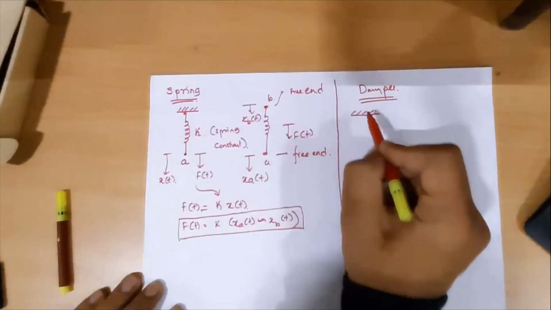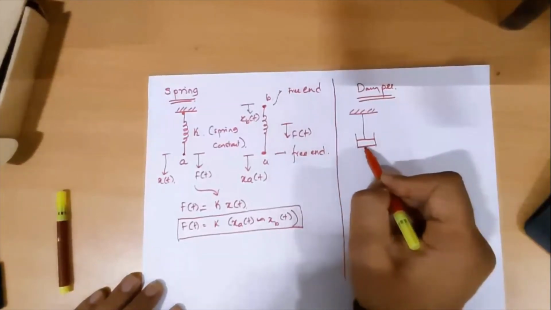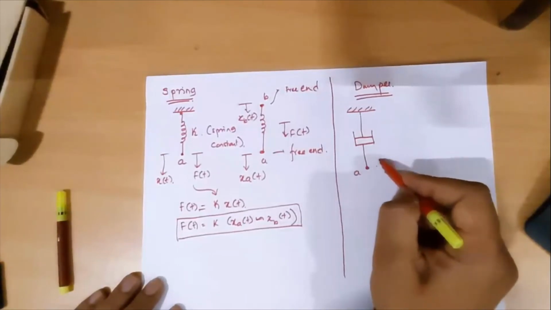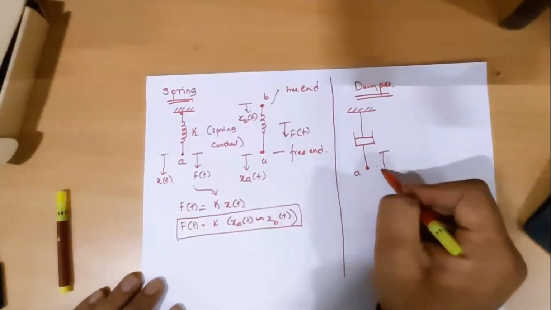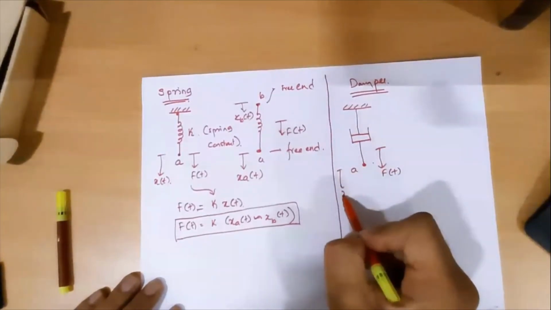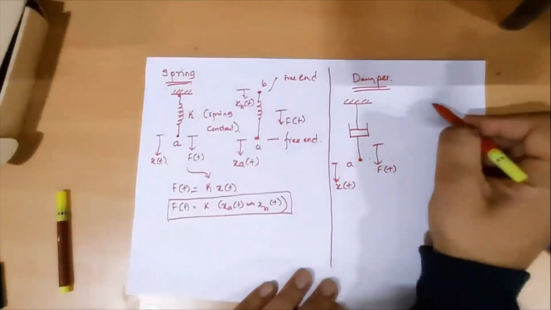So let us move on to the damper part, or the friction. This is how the symbol for the friction is written. Again, this damper friction looks like some piston kind of a thing. So let us write force input and x of t for the sake of symbolic representation.